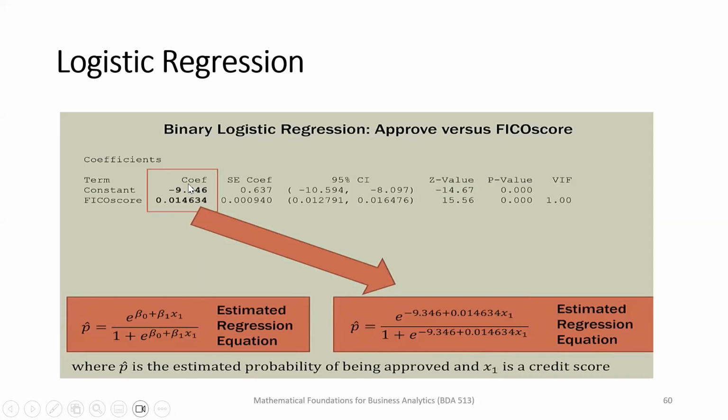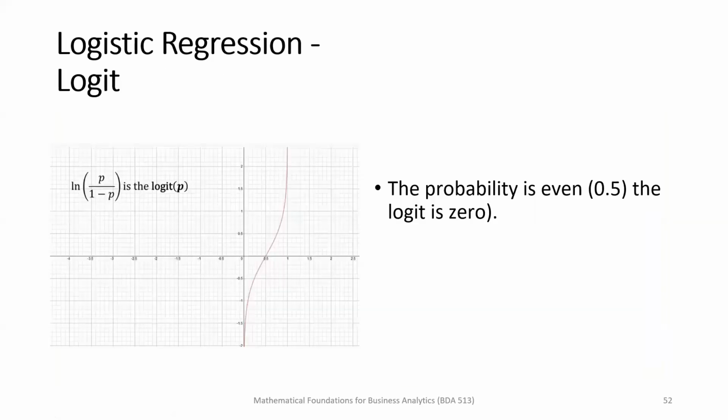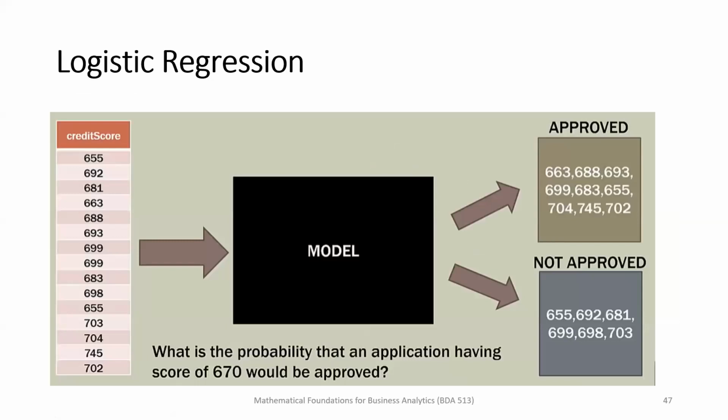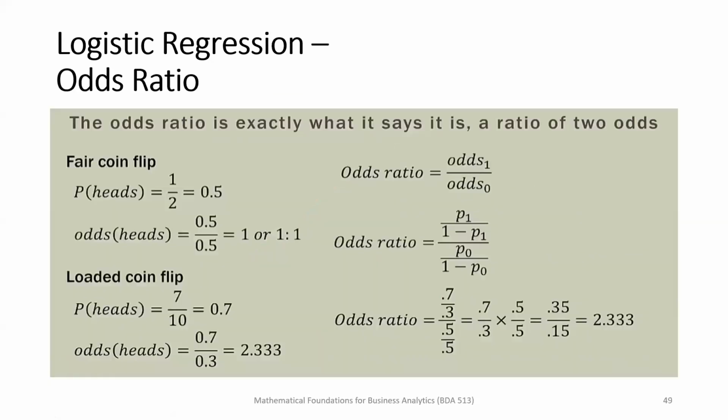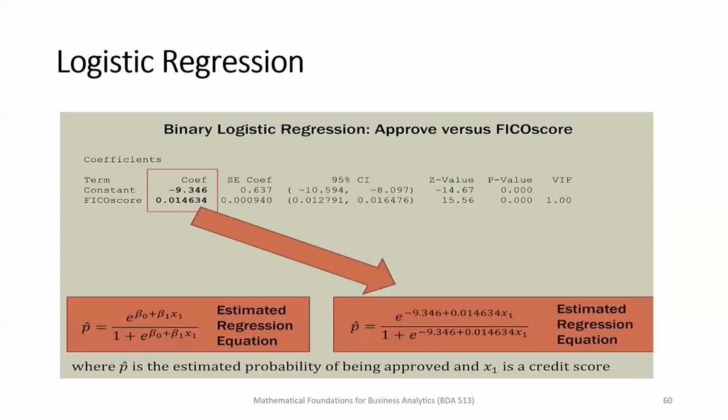Now, based upon the information that you have, the FICO score that was collected, we can run a normal regression, and this is the equation that comes up. We have the intercept or the constant, and then the slope for the FICO score. Then you go and plug this into the formula, so you have the probability.